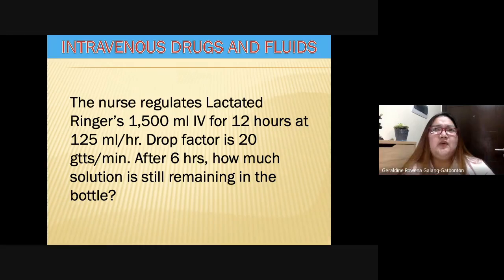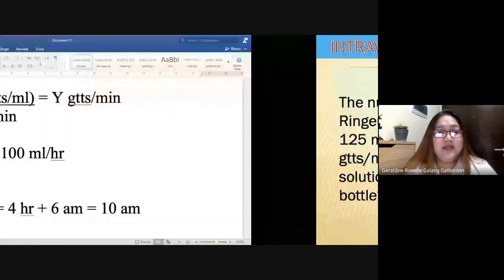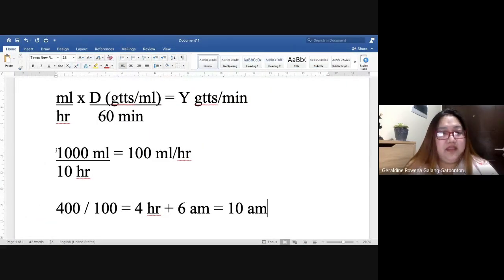Okay, so kanina kung ang gusto mong malaman, gaano katagal yan mauubos? ml per hour lang kailangan mo. Ito naman, gaano pa karami yung natitira pag ganitong oras na? The same. Ang kailangan mo lang rin ay ml per hour. Okay?